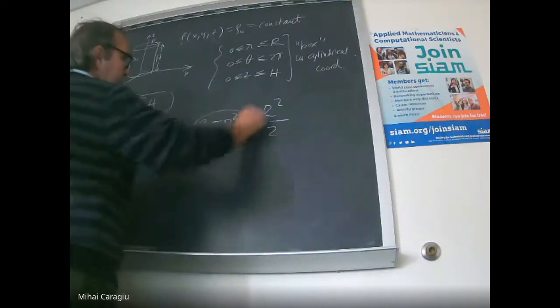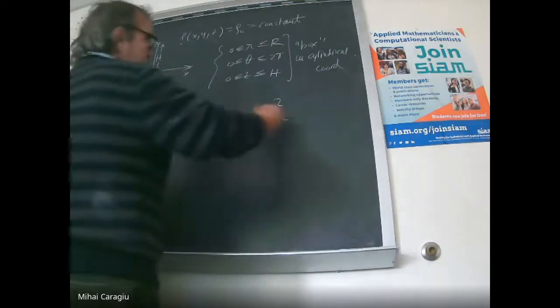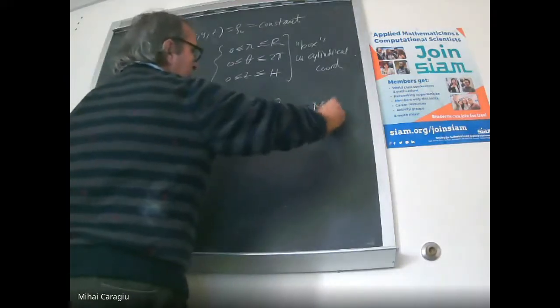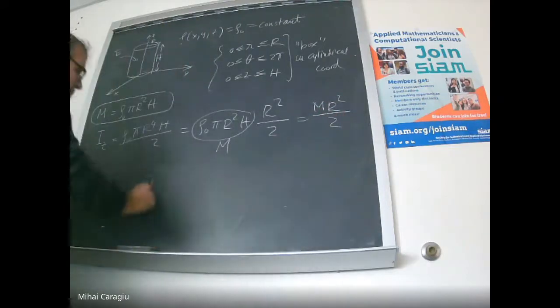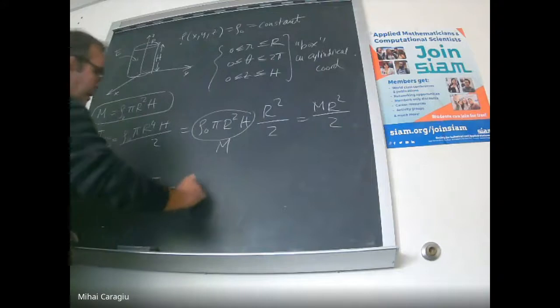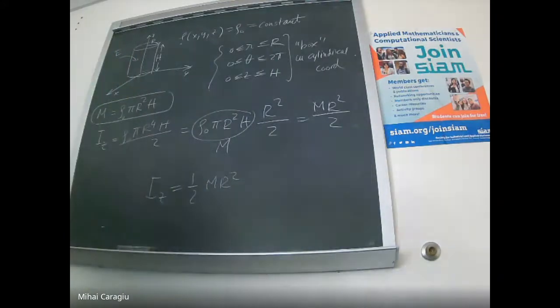So the mass appears in the moment of inertia, and it's m R squared over 2. So we get a very neat formula. I sub z, the moment of inertia of a solid cylinder with uniform density of mass m with respect to its axis of symmetry, is 1 over 2 times the mass of the cylinder times the square of the radius.